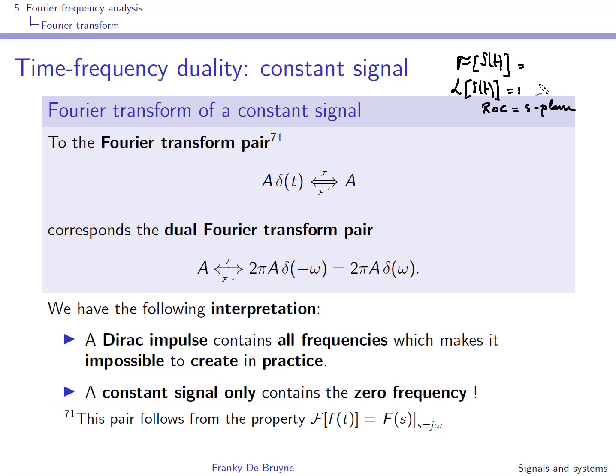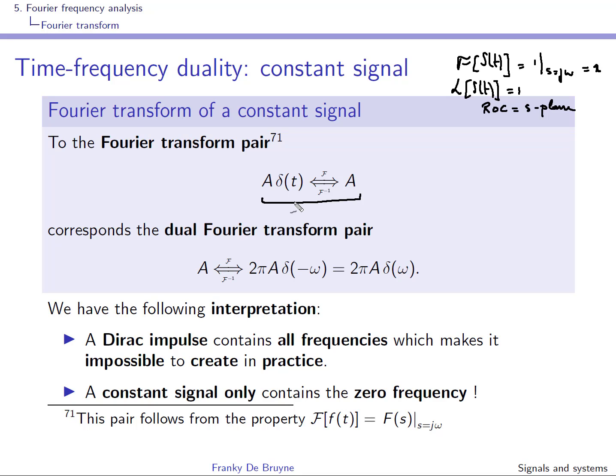So what we can do is simply take the Laplace transform 1 and evaluate it at s equal to j omega. So this is 1. Here we have shown that the Fourier transform of a delta is 1. So the Fourier transform by linearity of A times delta is, of course, A. So this is our first Fourier pair.